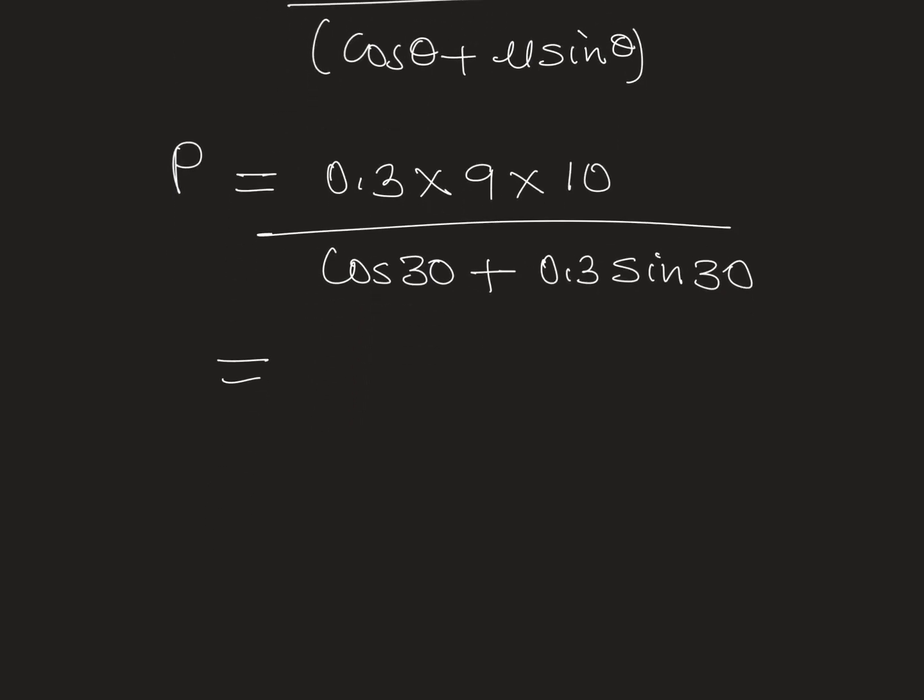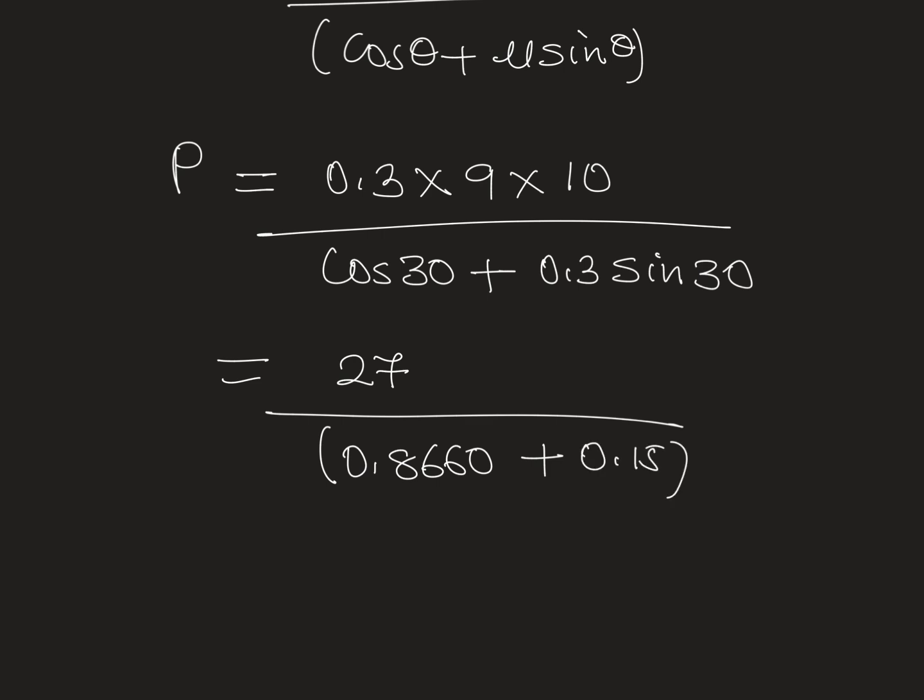So we have 0.3 times 9 times 10 is 27, all over cos 30, which is 0.8660, plus 0.3 sine 30, which is 0.15.